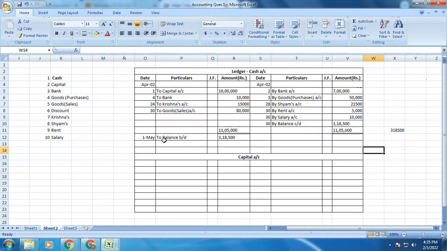Okay, so we are starting the month of May with a cash balance of 3,18,500. Now, during the month of May, there will be some receipts of cash on the left hand side, some payments of cash on the right hand side, and again the same balancing process will be followed at the end of May.